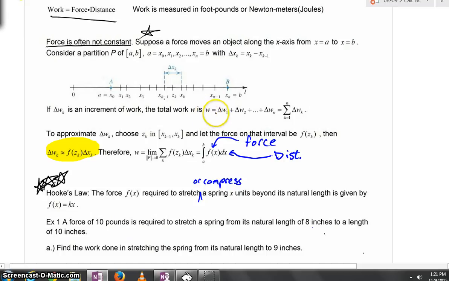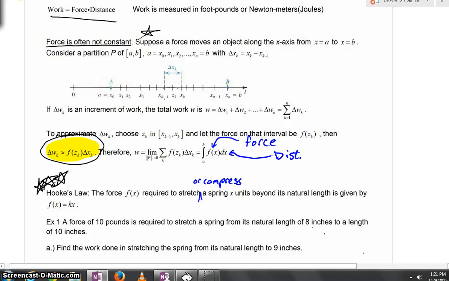The total work would be delta W. Between any two subsequent x values, we could call that delta x. Delta x would be multiplied by whatever your force would be on that interval, and you could add that all up to calculate the total work. Look at what's been highlighted right here.